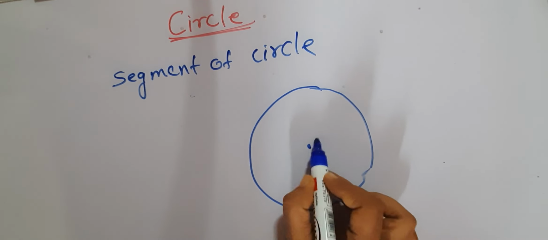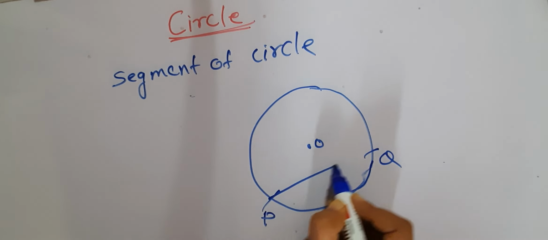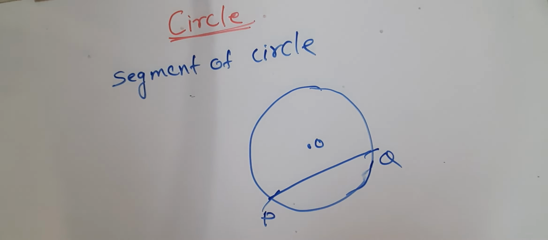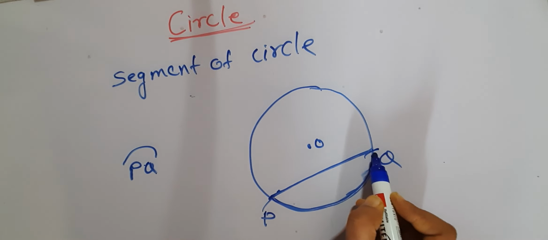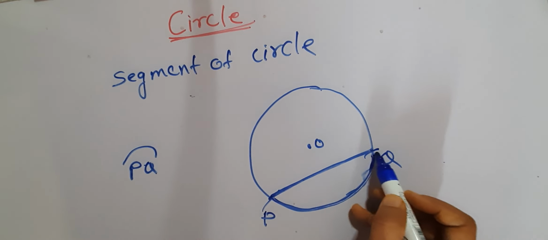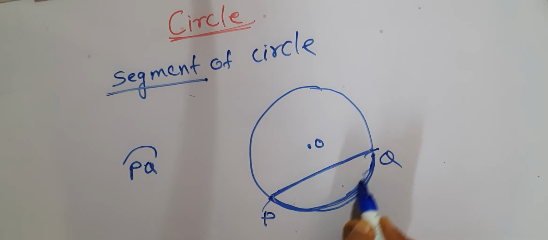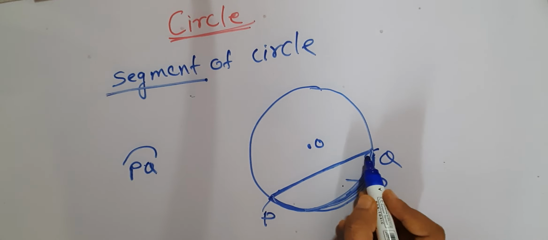A line segment that joins any 2 points on the circumference of the circle, suppose this PQ, is known as a chord of the circle. And here PQ is a chord of the circle, and this PQ is an arc of the circle. So the area region bounded by the chord of the circle and the arc of the circle is known as a segment of a circle. So this is a segment of a circle. It consists of a chord and the arc.